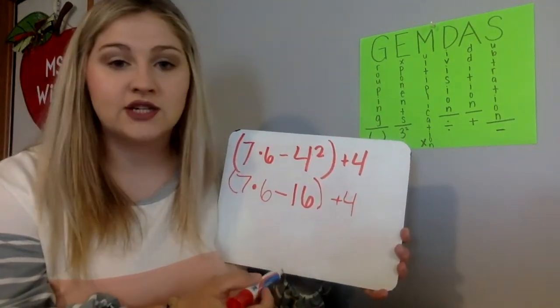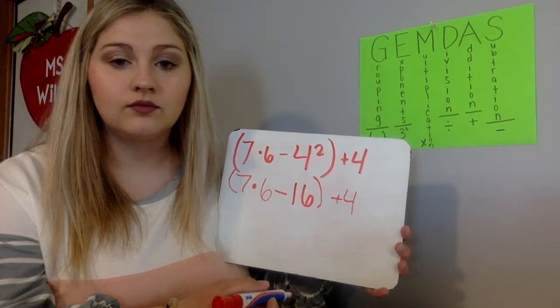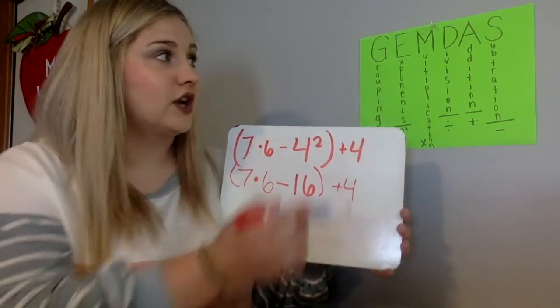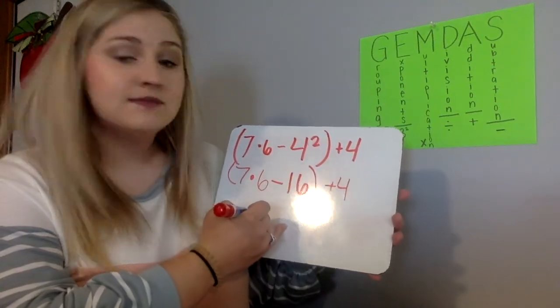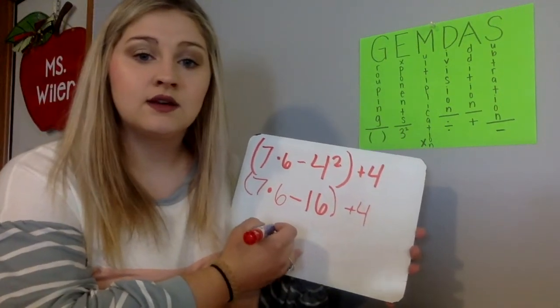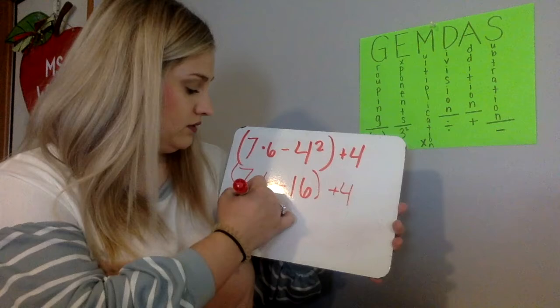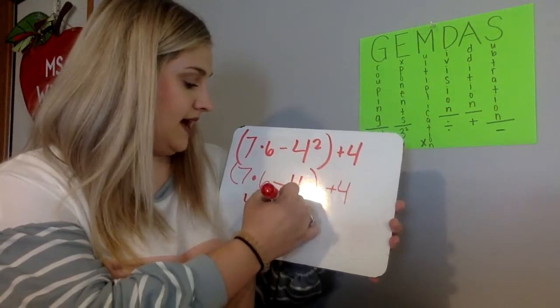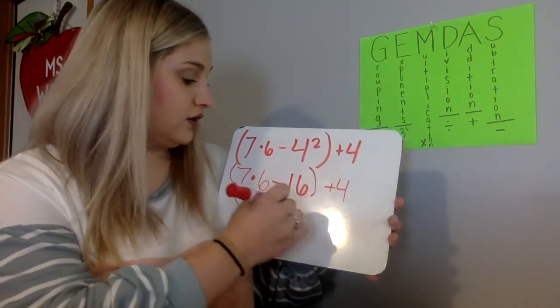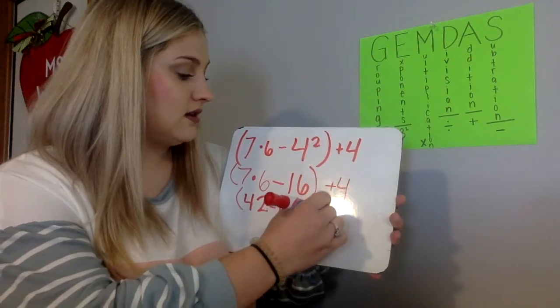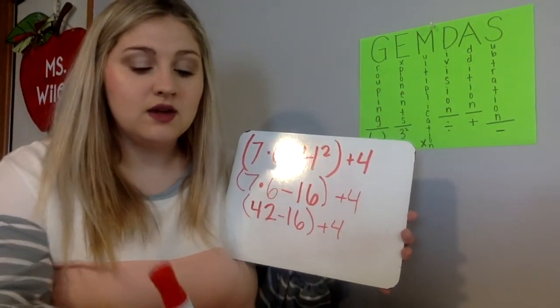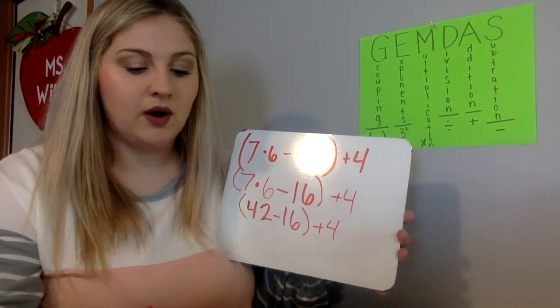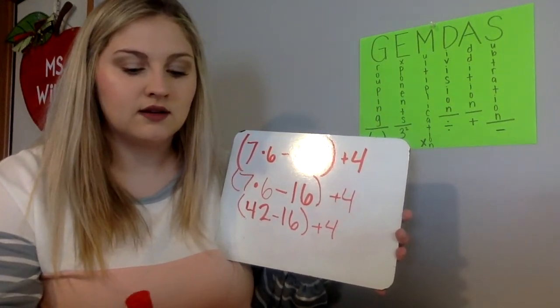Multiplication or subtraction? Multiplication, because it comes first. So 7 times 6 is 42 minus 16. We still need to leave this in parentheses because we're not done solving. So now be thinking, which part comes next?